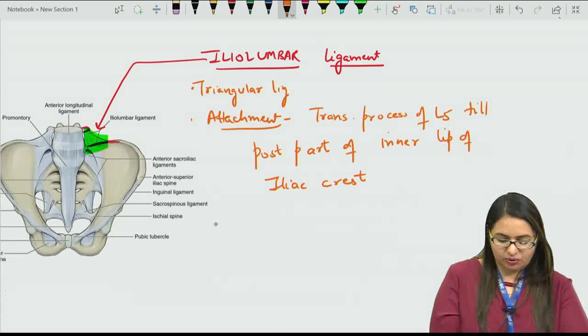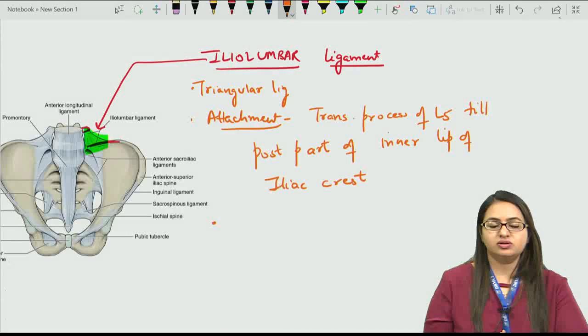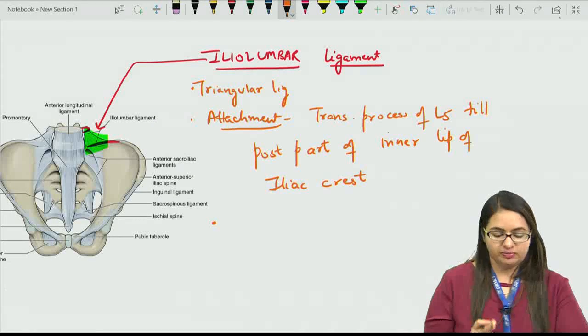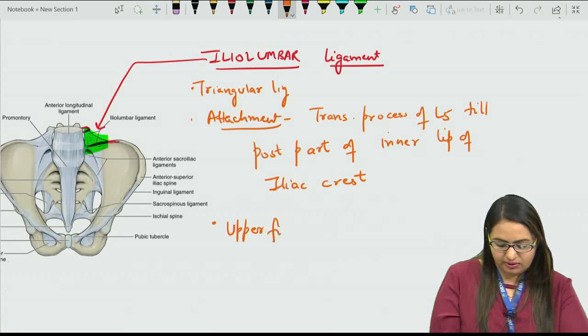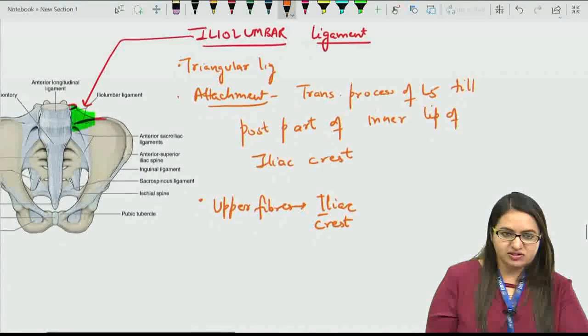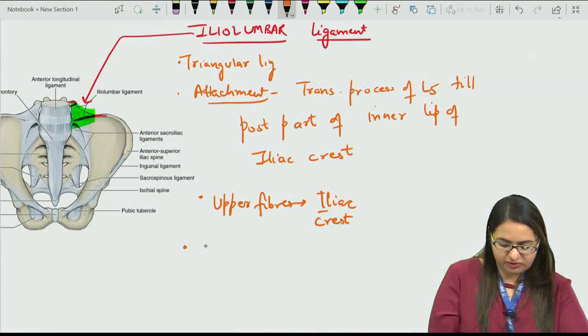This whole iliolumbar ligament has superficial and deep fibers. We can say upper fibers and lower fibers are there. The upper fibers go towards the iliac crest, and the lower fibers are towards the base of the sacrum.